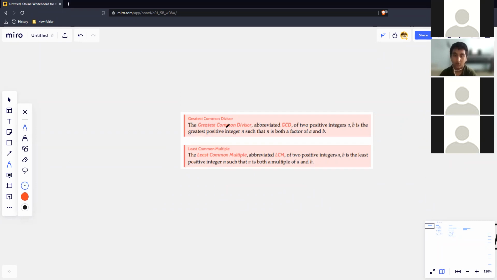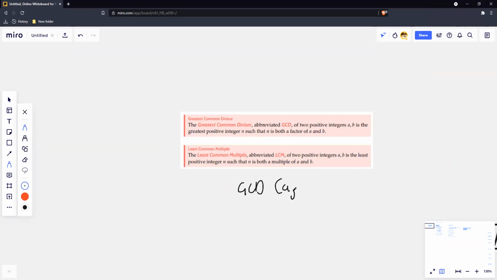So the greatest common divisor, you all have heard of this, is abbreviated as GCD, of two positive integers A and B. Here's the notation: GCD(A, B) denotes the greatest common divisor of A and B, and you'll be seeing this notation a lot.